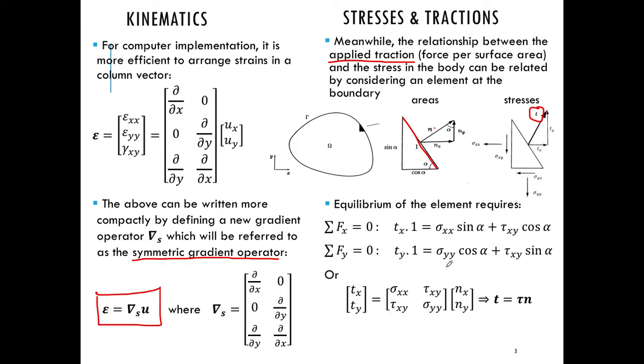Using symbols, my traction is represented by the symbol T, and my stress in tensor notation, please note, as we've just discussed, I'm going to represent using the symbol tau. So this tau is my familiar stress tensor in 2D, being multiplied by the normal vector at that boundary, so n.